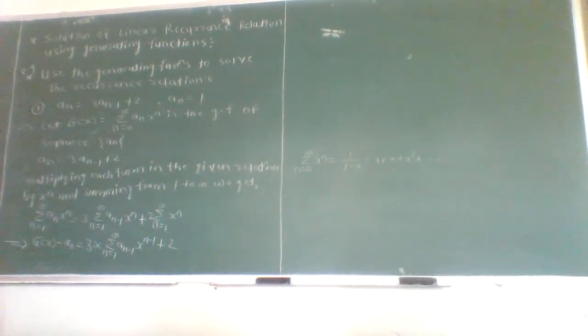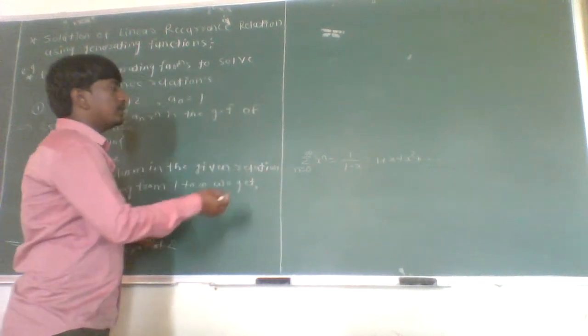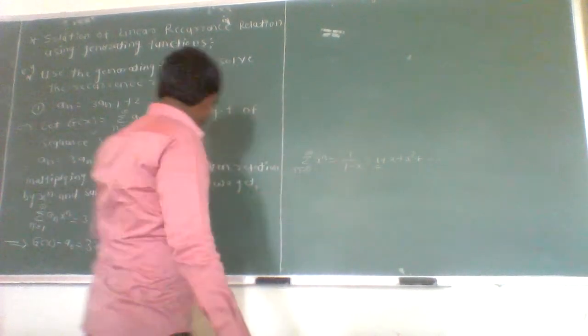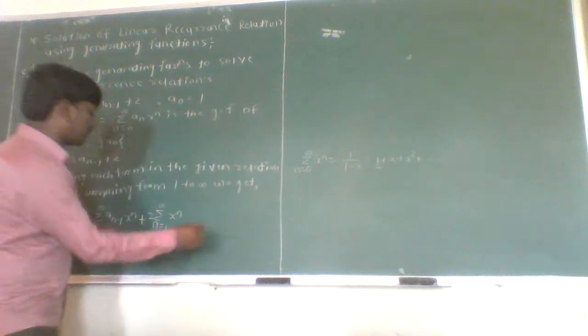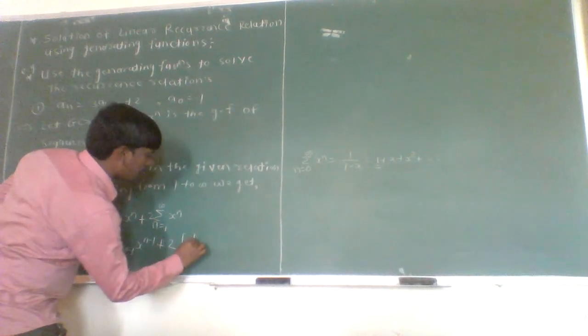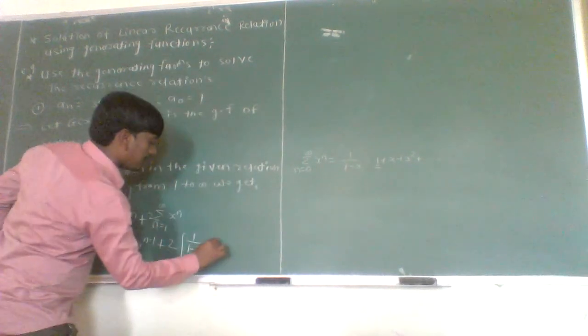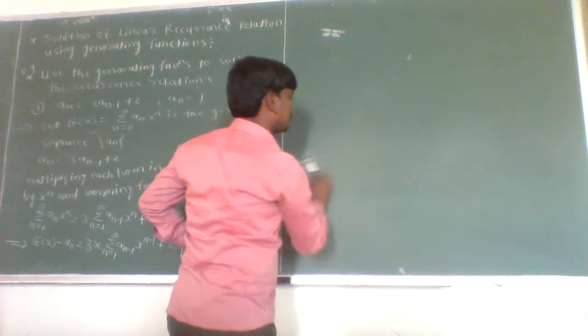Now, as here the summation is running from 1 to infinity, one term is less than this one. That is, 1 is not present. Therefore it is nothing but 2 into 1 upon 1 minus x, and one term is missing, which is minus 1.